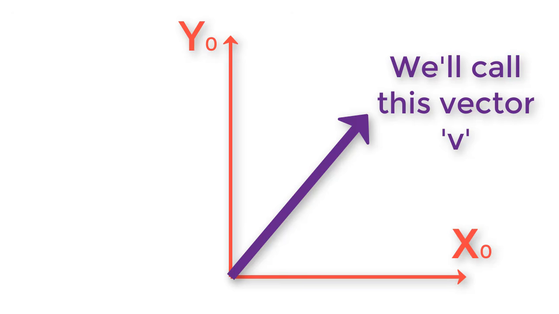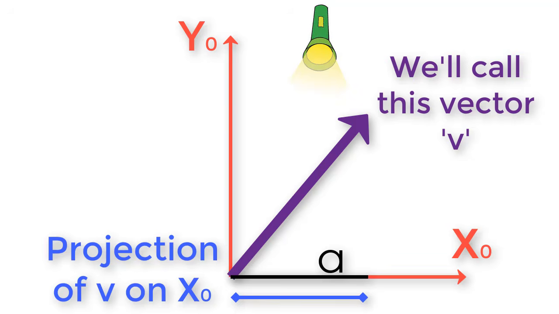Now, imagine that I would shine a light from above like this. The shadow of the vector would fall on the x-axis like this. The length of this shadow cast upon the x-axis is known as the projection of this vector on the x-axis.